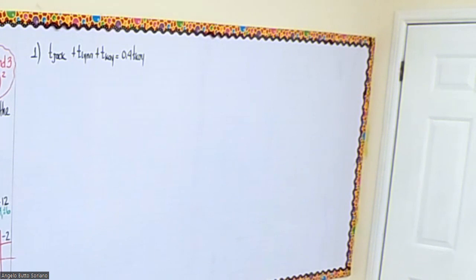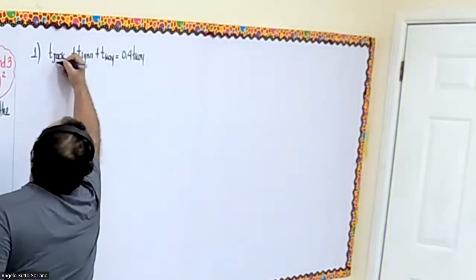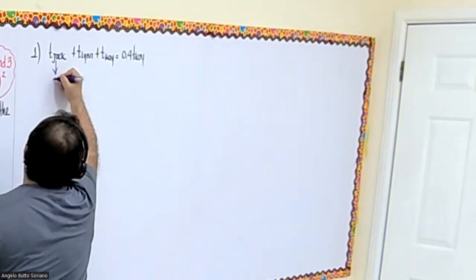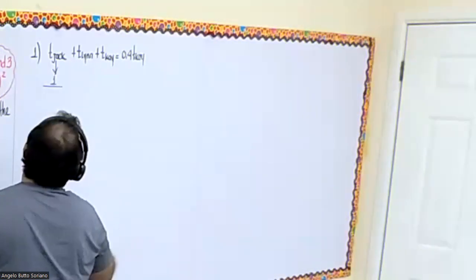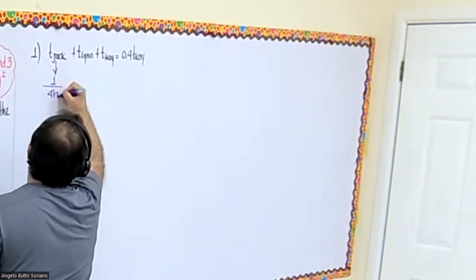Simple. Remember, all of these guys have one duty, one job to do, and that job is delivering the advertising flyers, right? And according to the problem, the period of time to complete that duty is 4 hours.